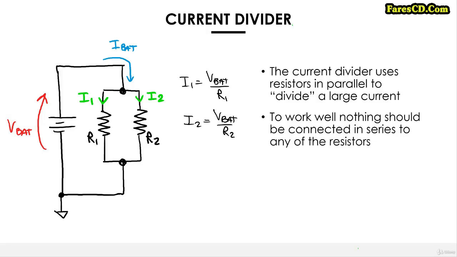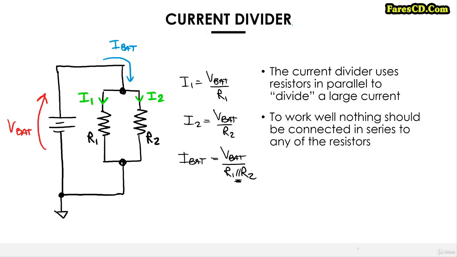IBAT is also easy to calculate as it is the current going into the parallel between R1 and R2. I use this symbol to indicate the parallel between R1 and R2.